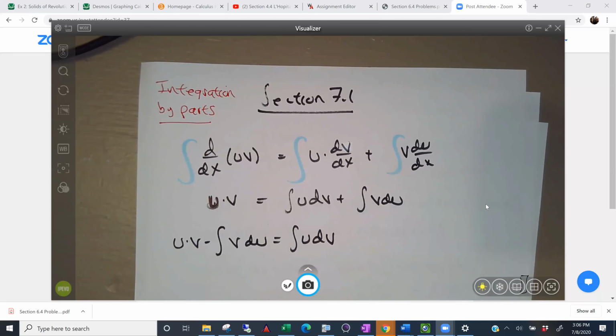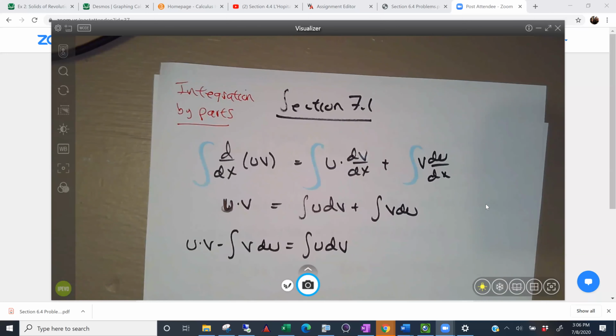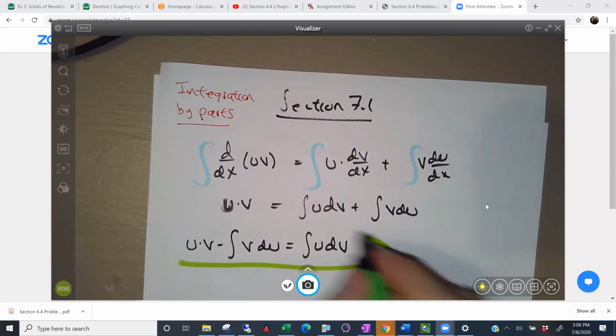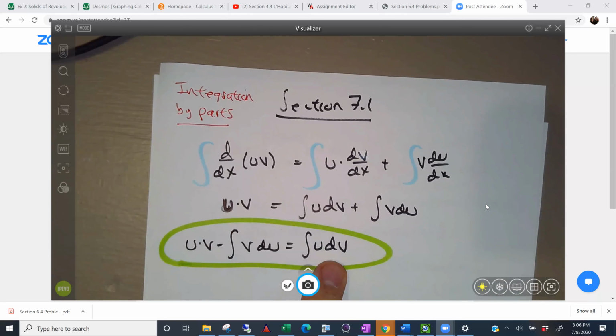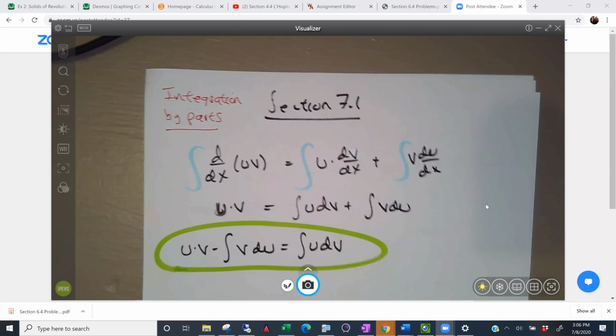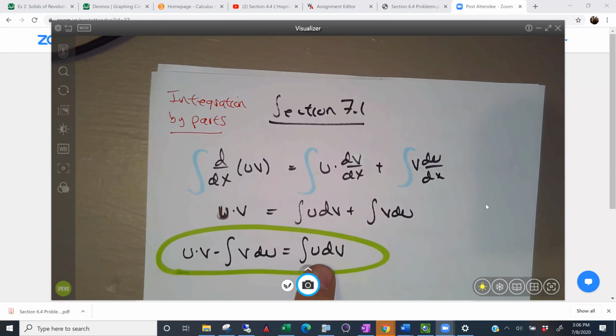This must look like a real big mess to you, but it's actually a very clever technique to use to kind of rearrange things and see if you can't get the antiderivative of something. Now, the way it works is that in your integral, you're going to try and make two identifications.